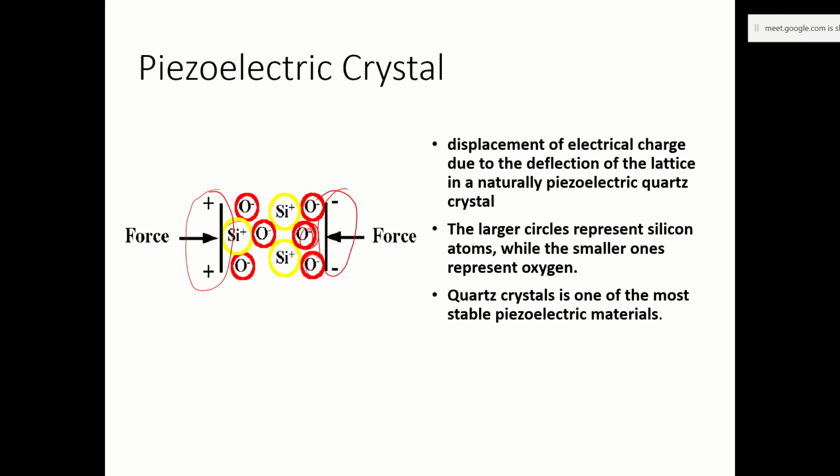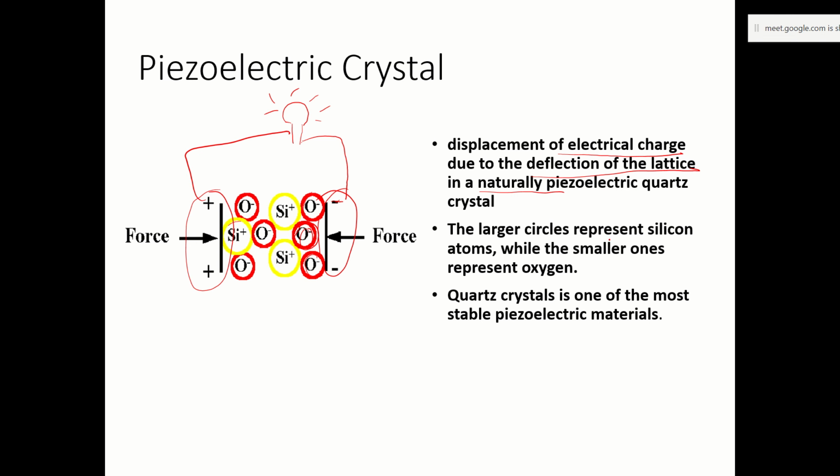This gives you a positive terminal and a negative terminal, and then you connect it to a bulb. It will light up. When you connect it to the two ends, it will show displacement of electric charge due to deflection of the lattice, which happens in a quartz crystal.